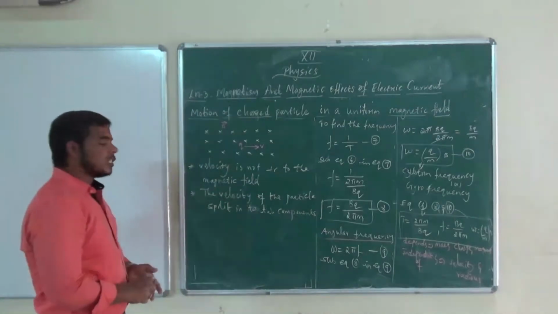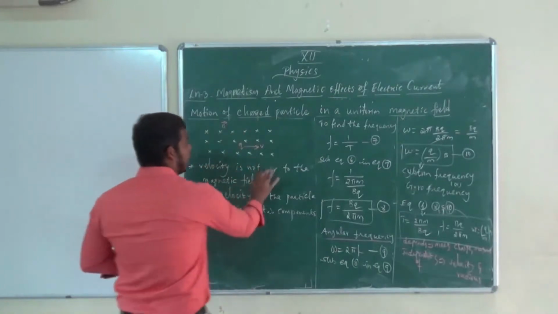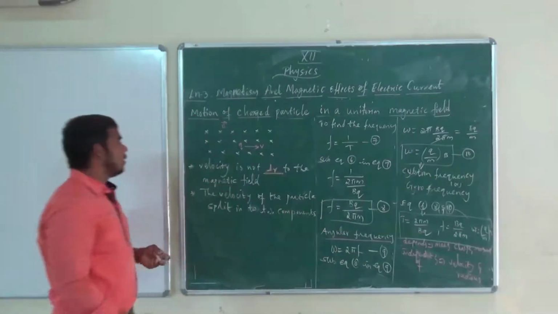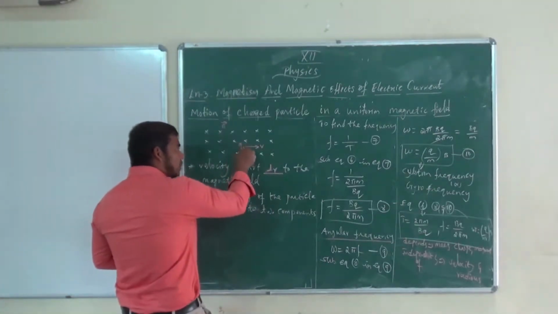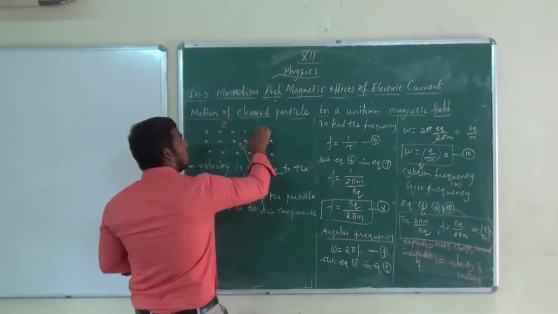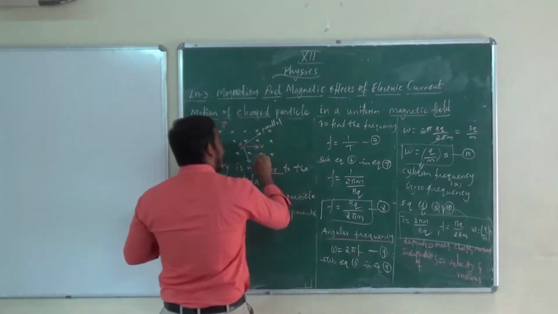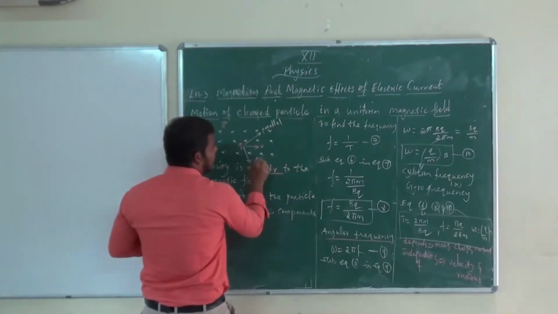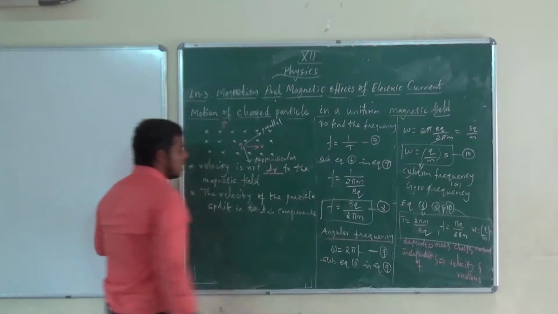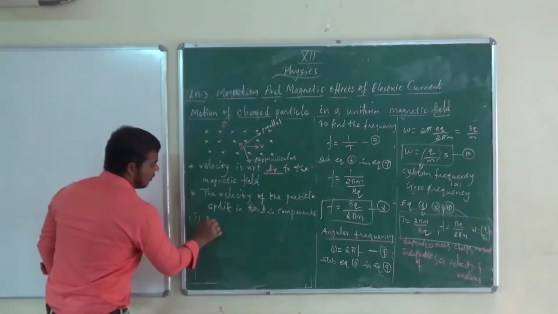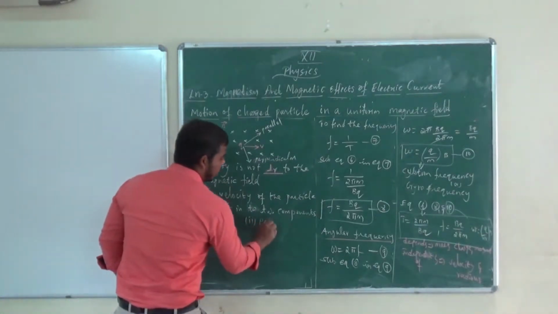Since the velocity is not perpendicular to the magnetic field, see how the velocity of the particle splits into two components: one is the parallel component, and the other is the perpendicular component.